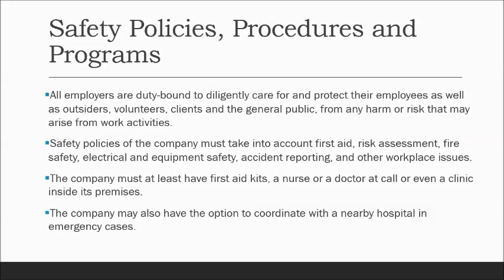So how is this applied in an organization, class? In every company or organization or institution, when you enter a building, they have a fire exit, a fire extinguisher, a nurse, and safe electrical wirings. If there is an accident, it must be reported immediately to your superior, and there must be a report regarding the accident.